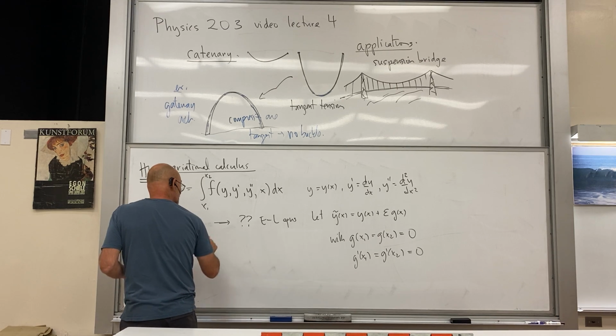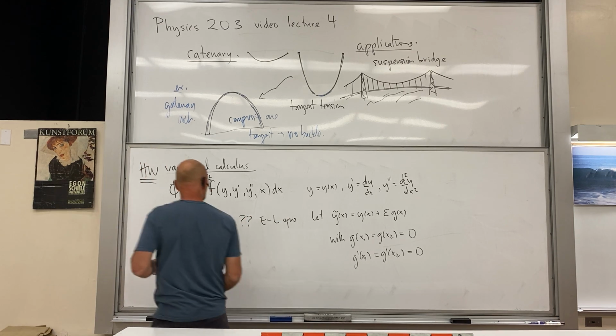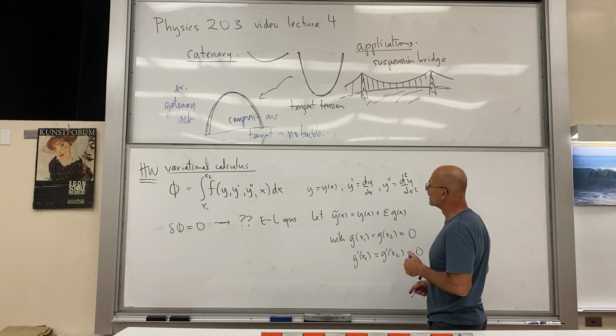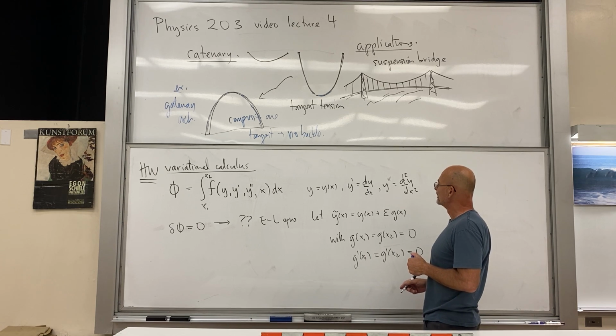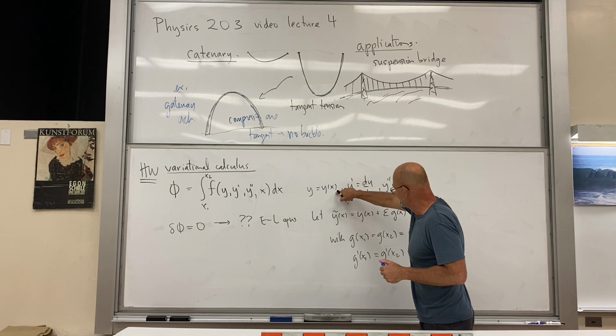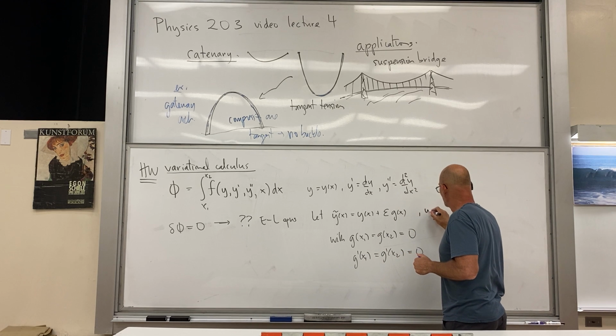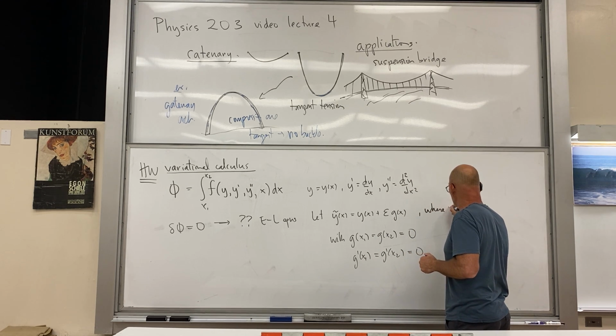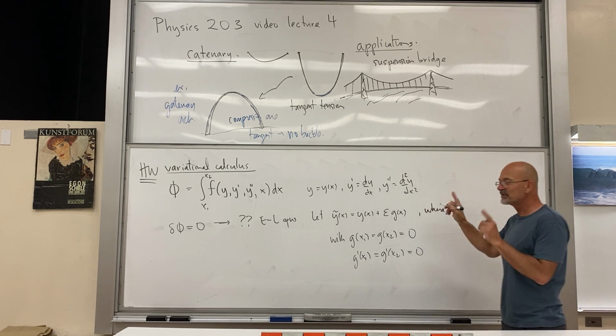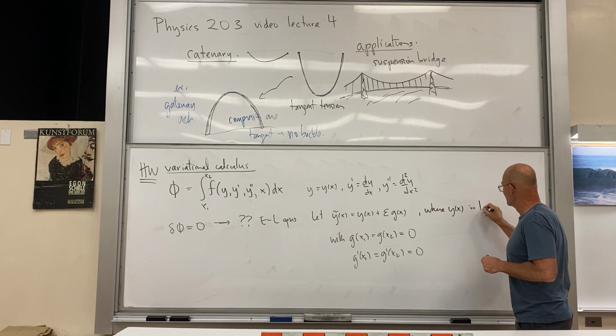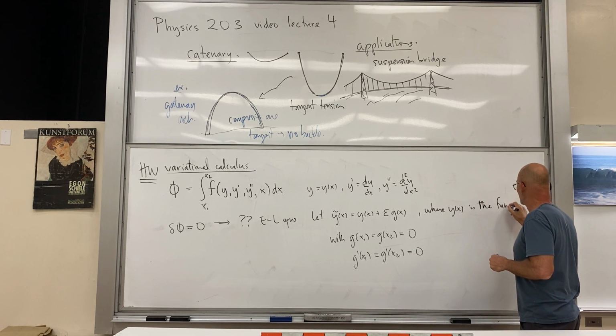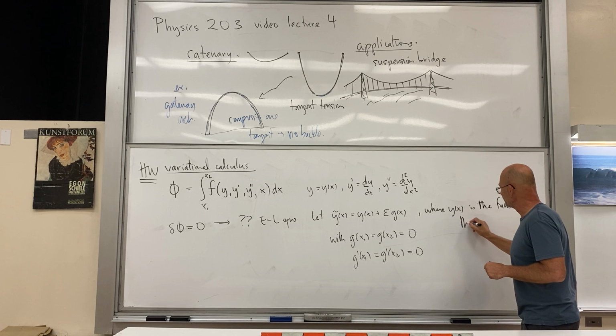So the homework is, the next step, we've set this whole thing up. Should I put some words here? Yeah, y of x is the function that minimizes phi.